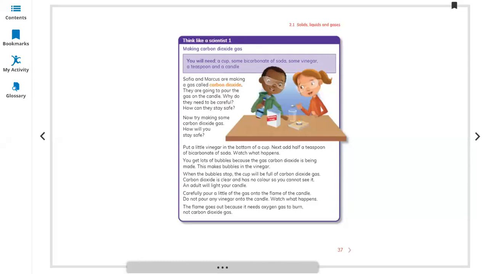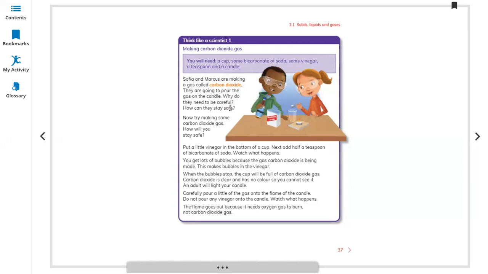After this, we have an activity: making carbon dioxide gas. You will need a cup, some bicarbonate of soda, some vinegar, a teaspoon and a candle. Sophia and Marcus are making a gas called carbon dioxide. They are going to pour the gas on the candle. Why do they need to be careful?